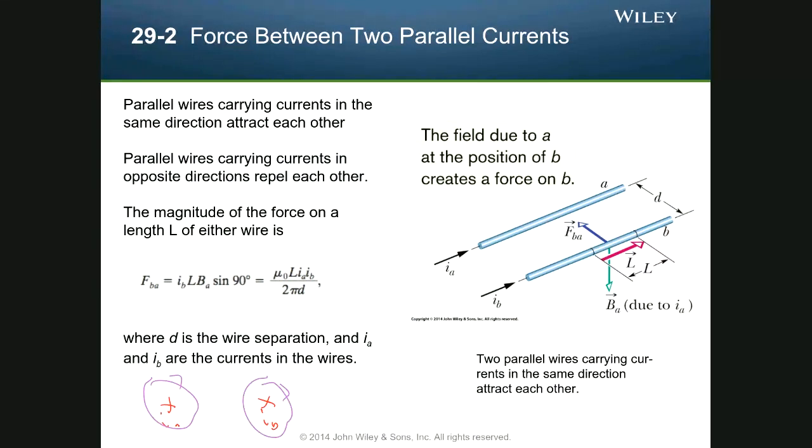Okay? I'm going to redraw the picture, but I'm just going to do it slightly differently. We're going to focus here on wire B. Okay? So when we look at the wire IB, and we want to look at a certain length here, we're going to notice that this is wire B, right?